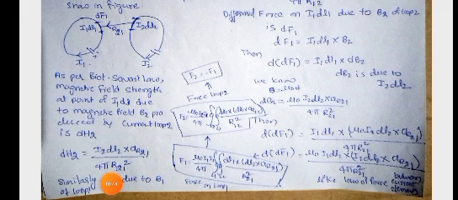Similarly, we have dH1 due to the current element of loop 1, right?